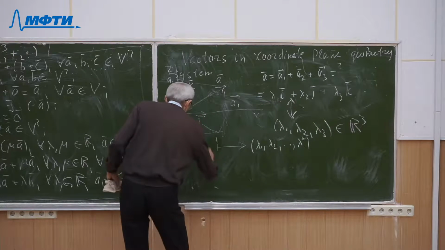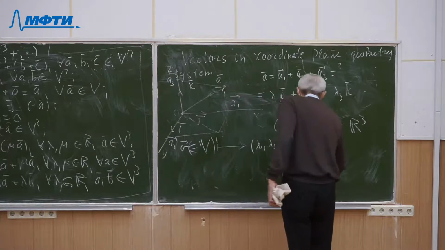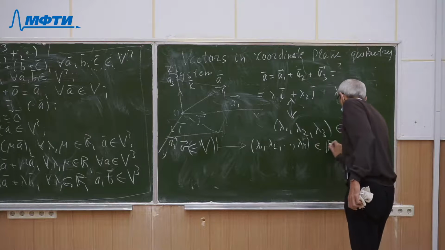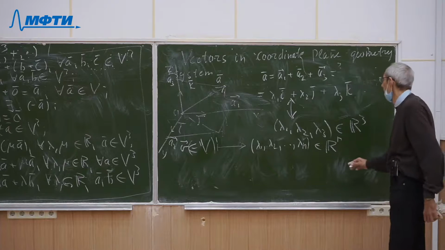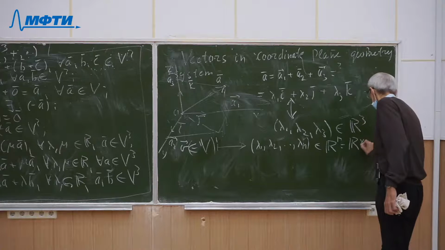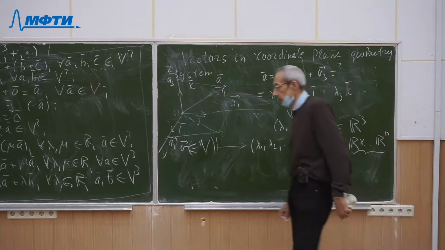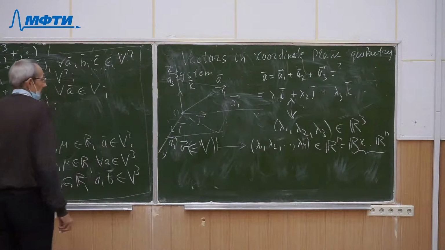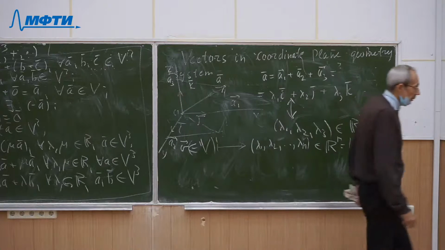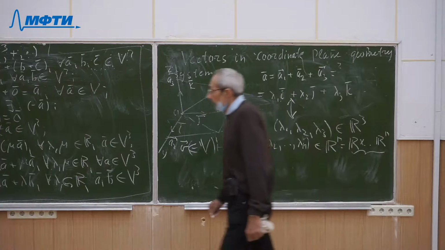I'm sorry, the element of this space one-to-one corresponds to the n-tuple, the element of R up n, the direct product of n copies of real numbers R. And in such a way we obtain the abstract vector space.